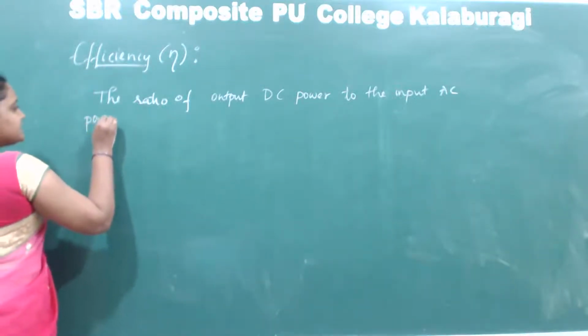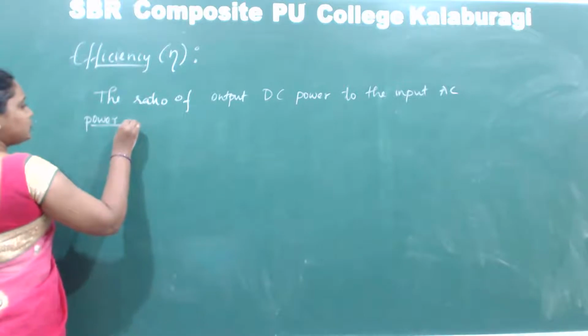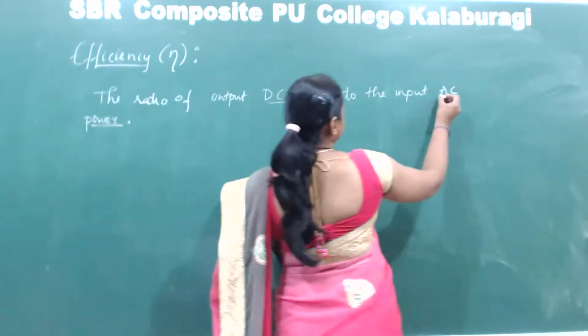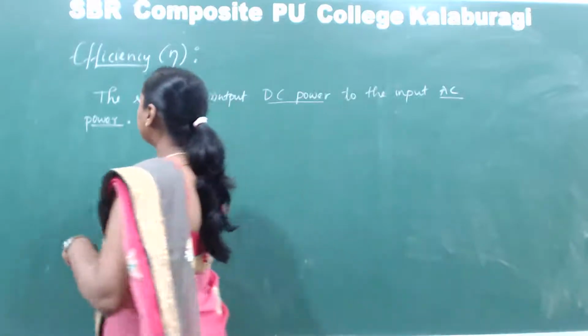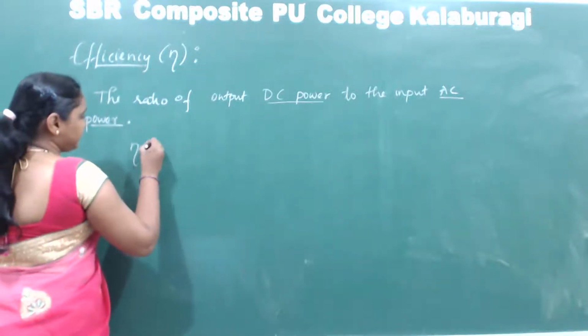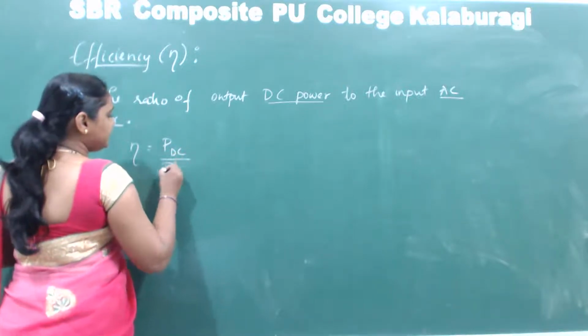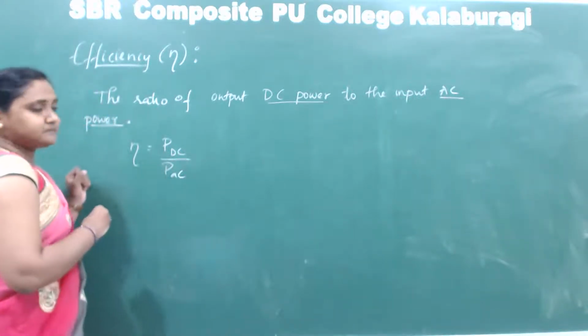So efficiency is expressed in the form of output and input powers, DC power and AC power, and it is given by PDC by PAC.